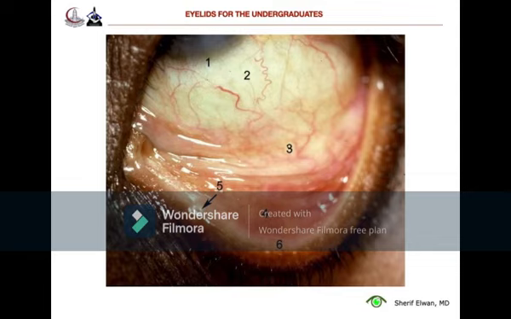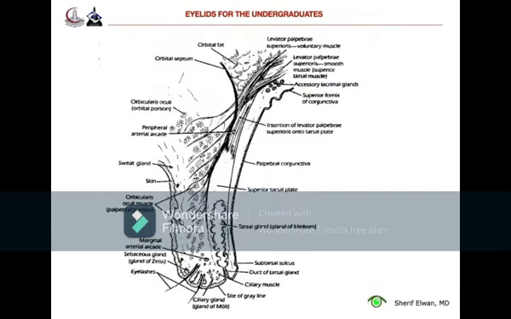Number five is the elevation on the lid margin called the lacrimal papilla with an opening in it called the lacrimal punctum leading to the lacrimal canaliculus. And here, number 4 is the lining of the eyelid, which is the palpebral conjunctiva, and number 6 is the lid margin.